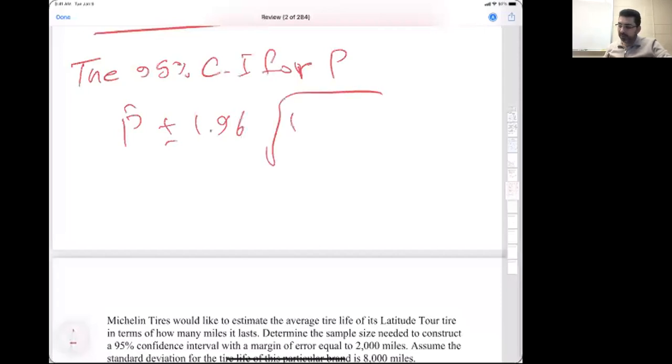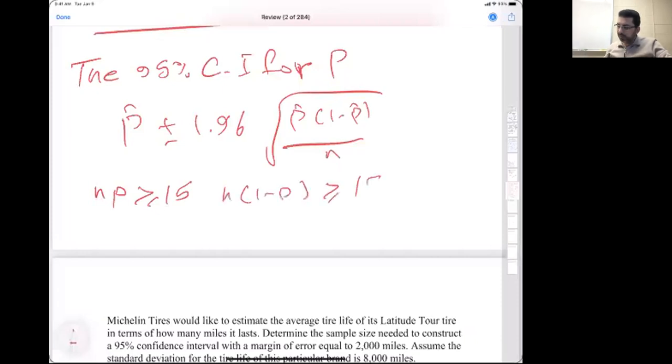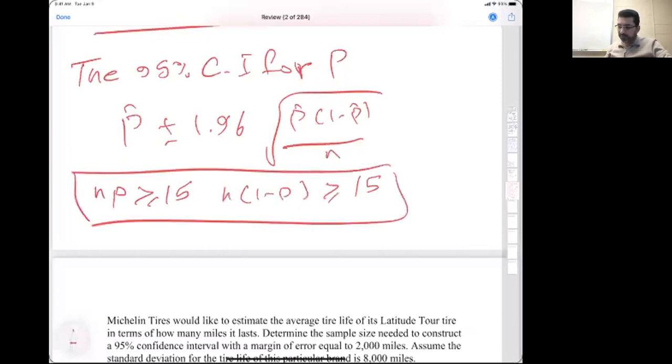The standard error here is the square root of p hat times 1 minus p hat divided by n. This is the rule we use. To apply it, you have to make sure of two things. First, the sample is randomly selected, and n times p hat is greater than or equal to 15, and n times 1 minus p hat is also greater than or equal to 15. So you have to check this first, and then you can apply the confidence interval.